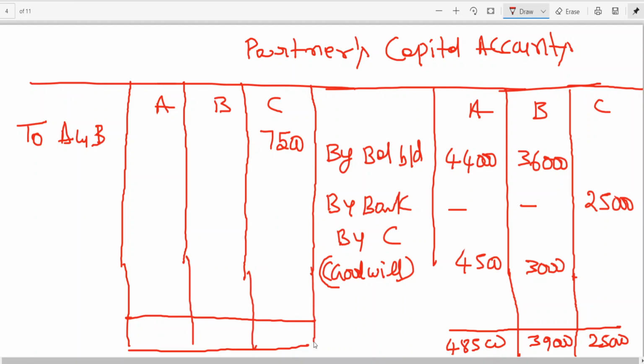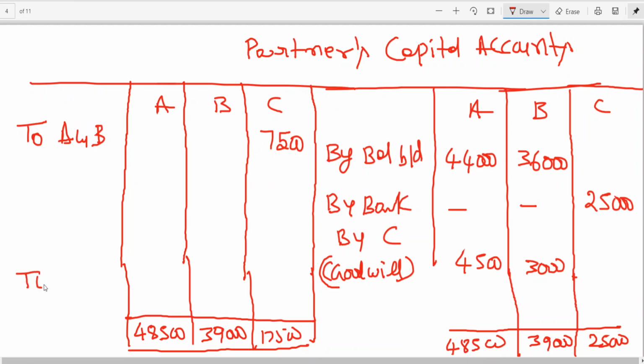I think the credit side is showing more, 39,000. Then 17,500. Here if you want you can write to A 4,500 and to B 3,000, or we can write combined also.